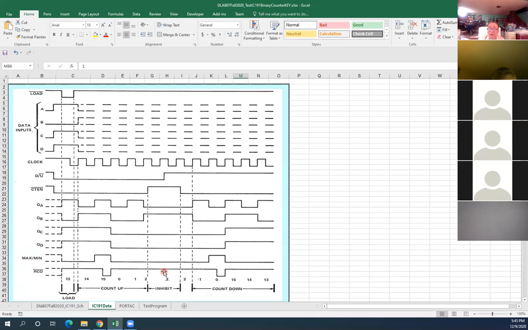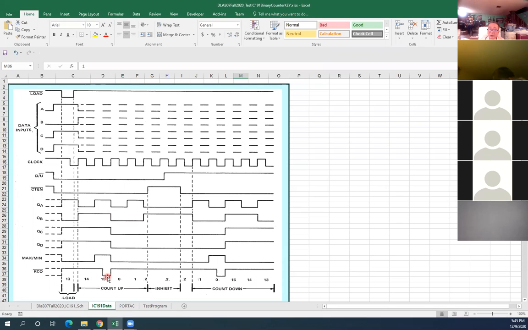Okay, so if we're looking in here, we can recognize a few things. When the counter reads 1, 1, 1, 1, you see that? The max and minimum go up, and the RCO goes low.